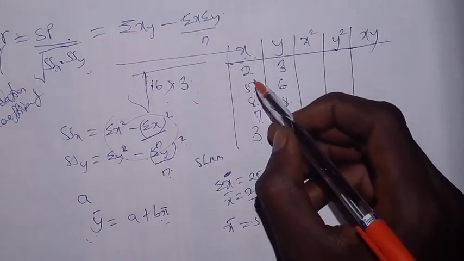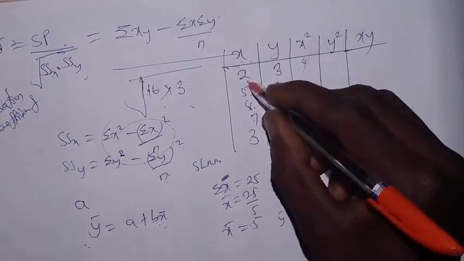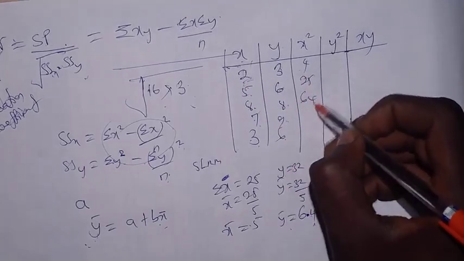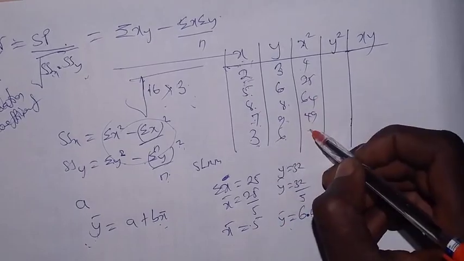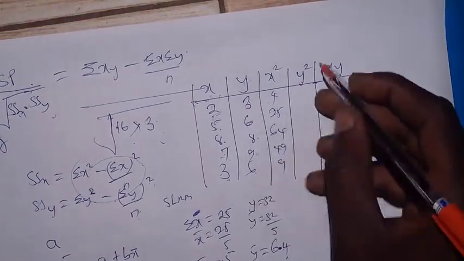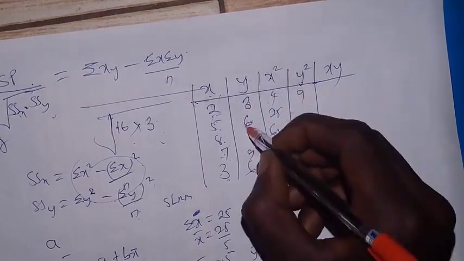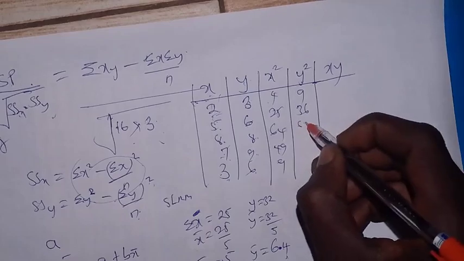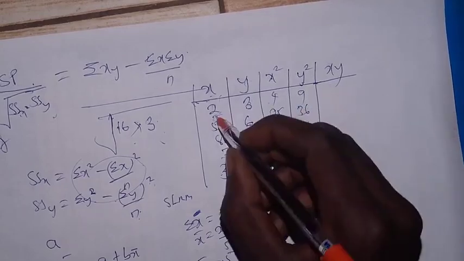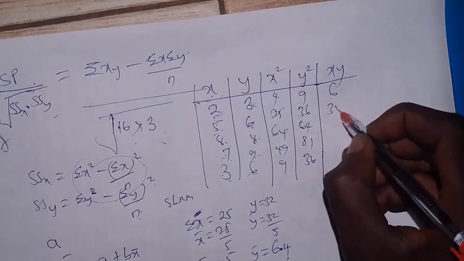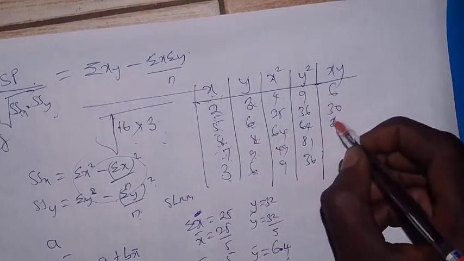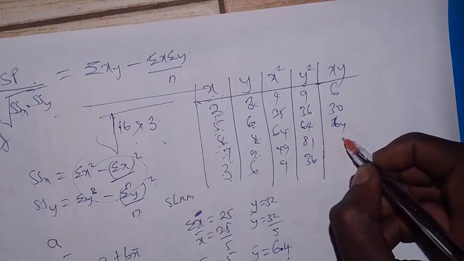And here, if you square your x, 2 squared is 4. If you square 5, you get 25. You square 8, 64. You square 7, 49. You square 3, you get 9. Here, y squared: if you square y, the first one is 9, 6 squared is 36, 8 squared is 64, then 9 squared is 81, and 6 squared is 36. xy: 2 times 3 is 6. 5 times 6 is 30. 8 times 8 is 64. 7 times 9 is 63.